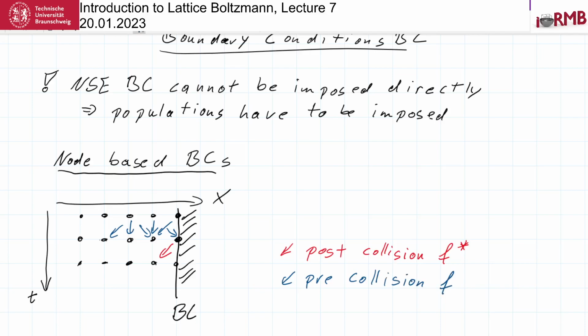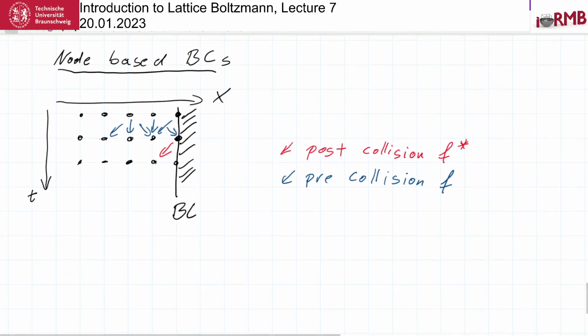Okay, so the nodes are on the boundary, and then there are two approaches, of which we look only at one in detail.